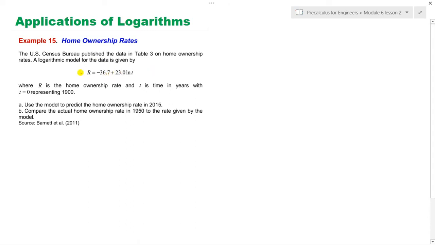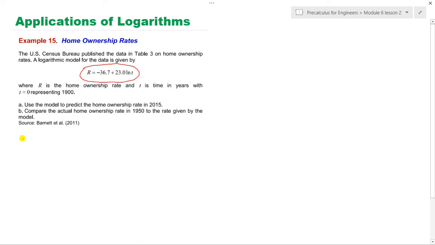On home ownership rates, a logarithmic model for the data is given by this equation, a function where R is the home ownership rate and T is in years, the time, wherein T of 0 represents the year 1900.